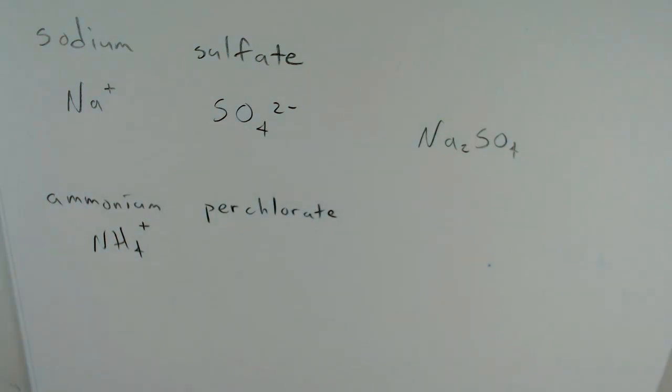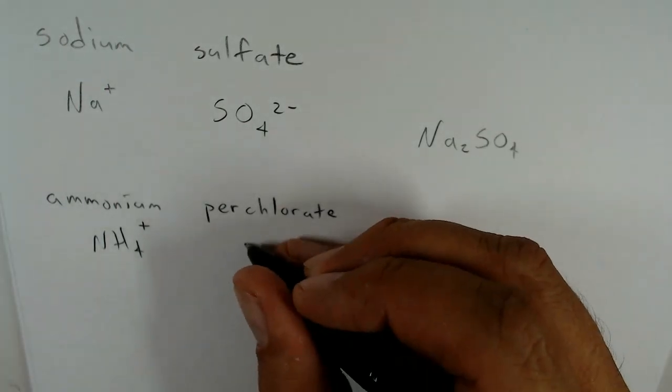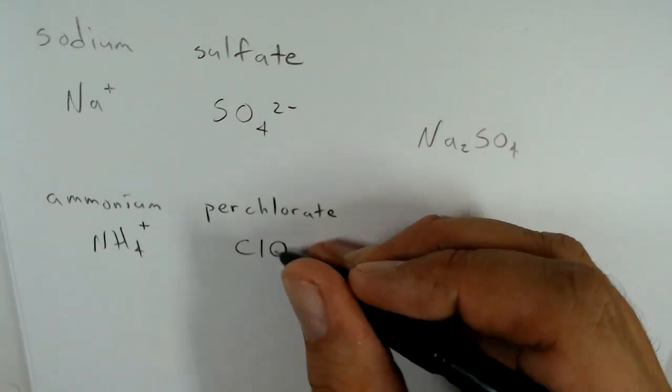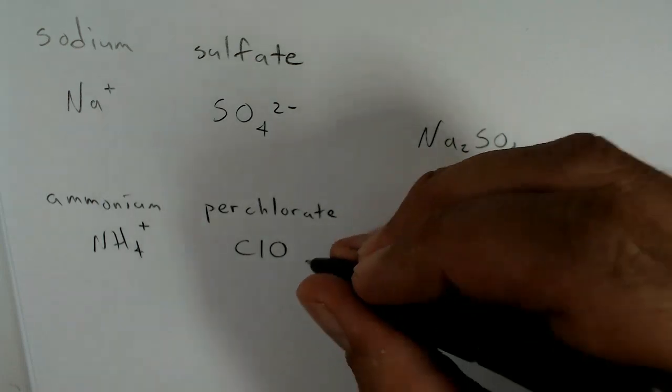It's +1. This is one of the few polyatomic ions that is a cation. Most of them are anions. So this is one of the exceptions. And perchlorate, so okay, chlorine is the base, and we have oxygens in there, and from the prefix and suffix, I can figure out how many. How many is there? It's 4.